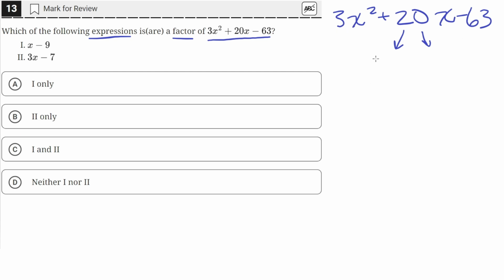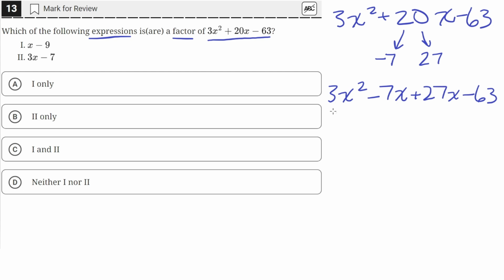In this case, those two terms are negative 7 and 27, because negative 7 times 27 is equal to 3 times negative 63. But negative 7 plus 27 gives us back the 20x. So we're just going to split the 20x into negative 7x plus 27x minus 63.